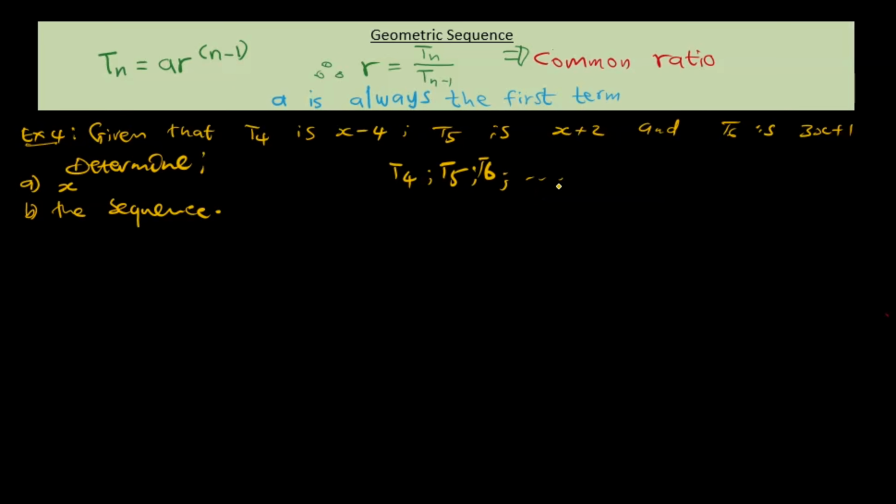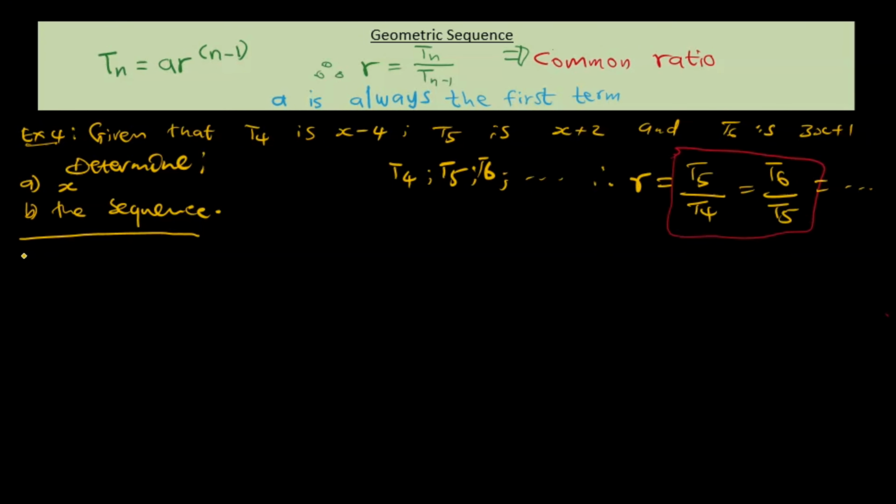So that is what you must know. Therefore, the ratio T5 divided by T4, and T6 divided by T5, gives you the ratio. So this is what I am going to use to determine the value of x.